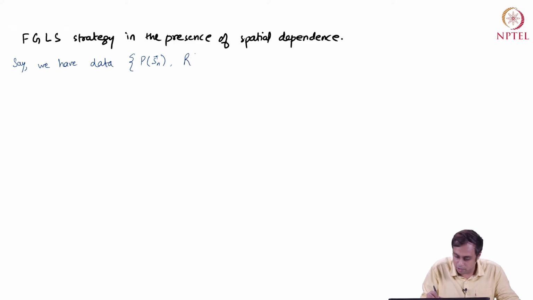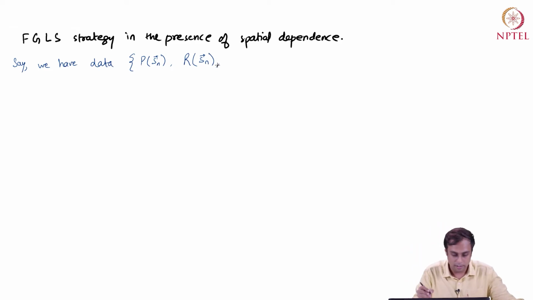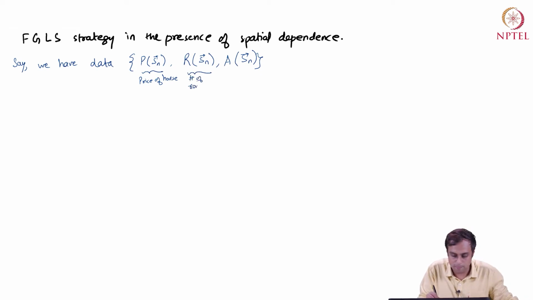We have data on the spaciousness of this housing entity at location n, which is R, and we have data on public amenities, let's say, which is A. So of course, we have the price of the house, the spaciousness or number of rooms index, and a public amenities index.